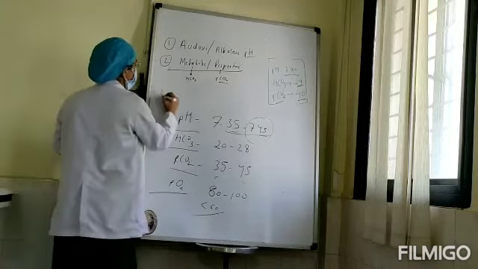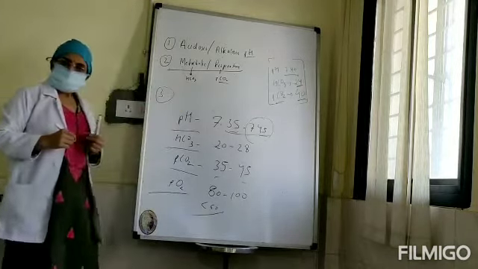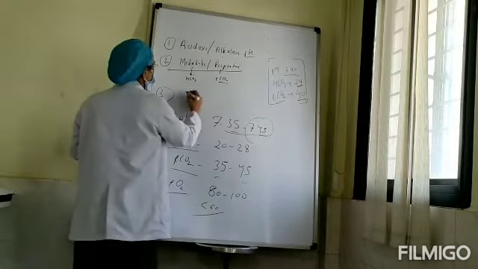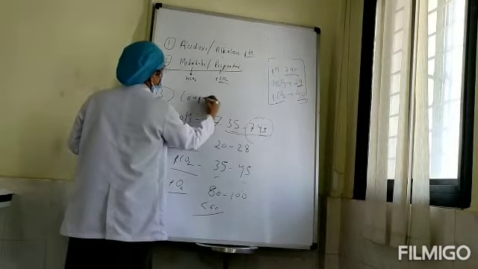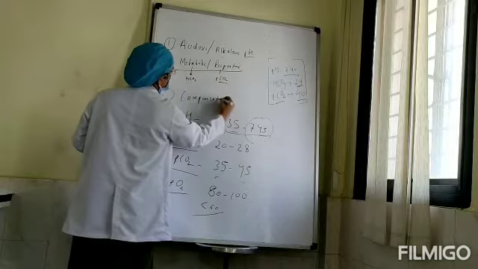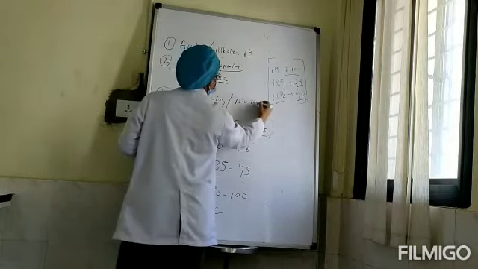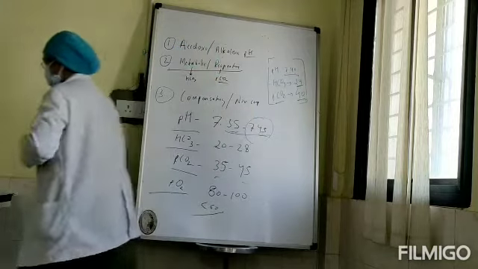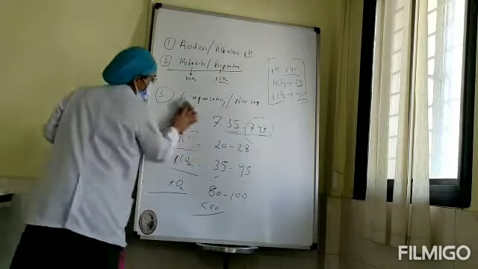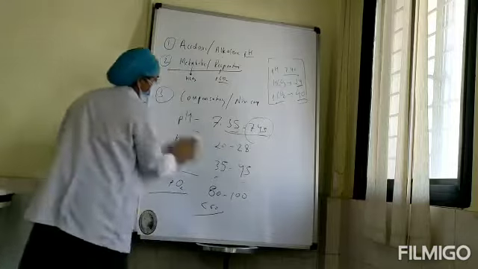Then the third step is, we have to decide whether it is compensatory or non-compensatory. We take examples and then explain with the ABGs. Is this clear now?